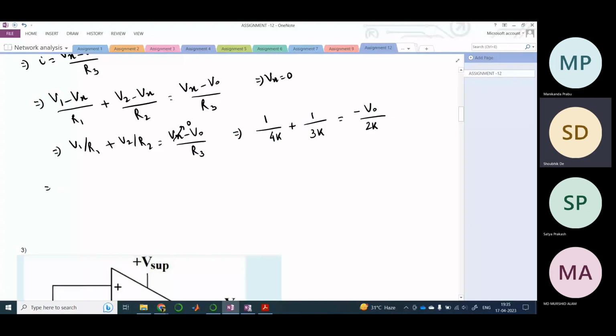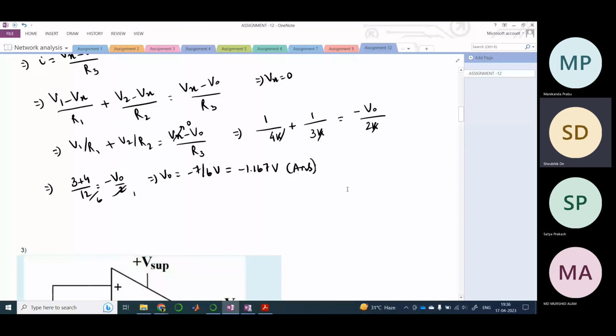Now this k gets cancelled, so this is 3 plus 4 divided by 12 equals minus V0 by 2. This becomes 6, so V0 is minus 7 by 6 volts. So 7 by 6 is minus 1.167 volts. So this is your answer.